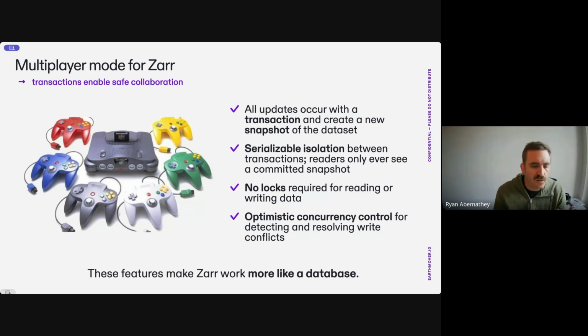They never see the intermediate in-between state while data are being written. But still, there are no locks required for either reading or writing data. You can always open and access the data at some snapshot. And then there's an optimistic concurrency control system for detecting and resolving write conflicts if they do occur. So this is some technical database talk, but overall the point here is that these features make Zarr work more like a database.